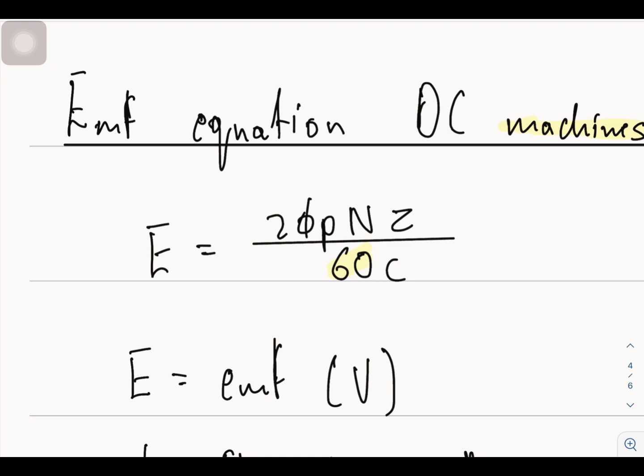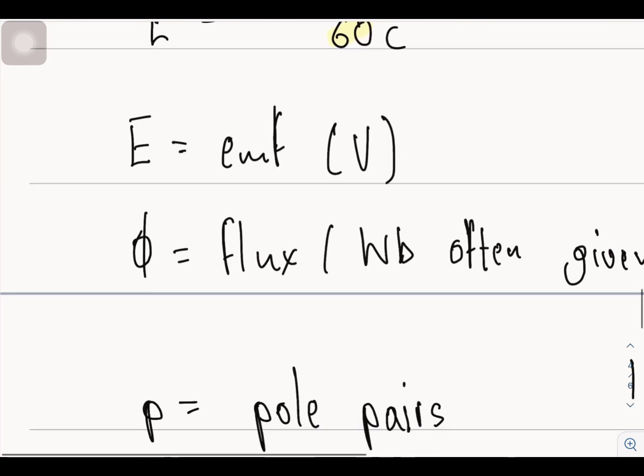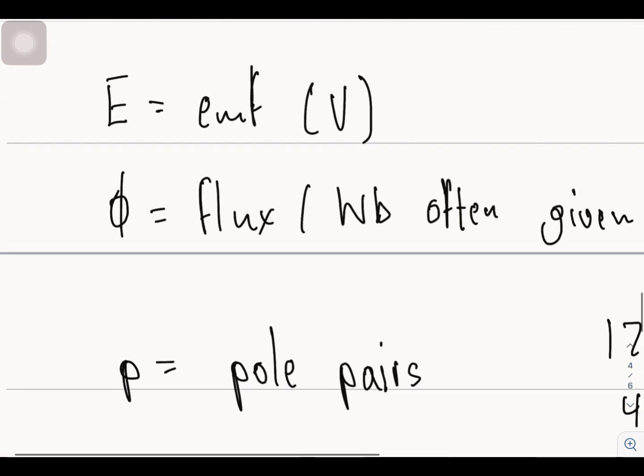But if it is given in revs per second, you can simply remove that 60. Or you can first convert those revs per second into revs per minute before you substitute with the 60. I hope you get what I am saying.